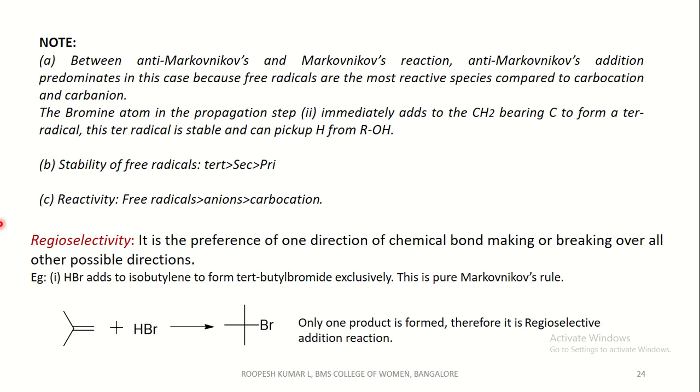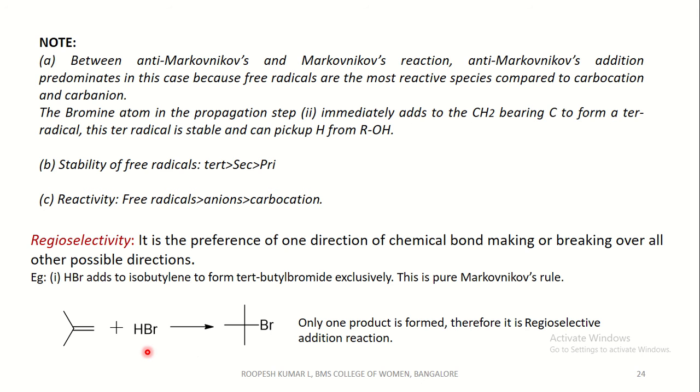Coming to regioselectivity, it is the preference of one direction of chemical bond making or breaking over all other possible directions. Coming to the example, this HBr adds to isobutylene to form tertiary butyl bromide exclusively, which is a perfect pure Markovnikov's rule.